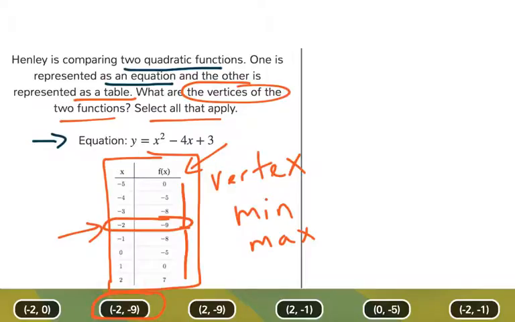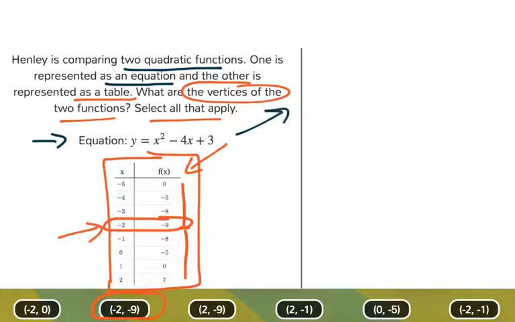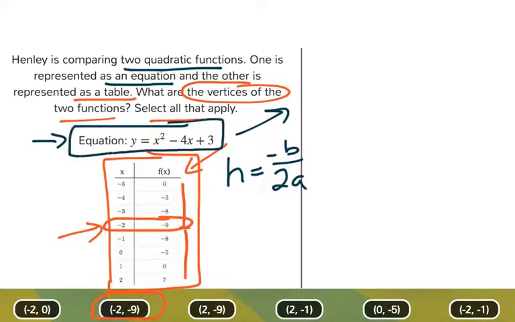Now we need to actually calculate the vertex for the equation. We're going to use the formula h equals -b over 2a. That's how you find the vertex of any quadratic function that's written in standard form. So in this case, let's plug in what we have. h equals -b. Well, the b is -4 here, so I have to write -(-4).